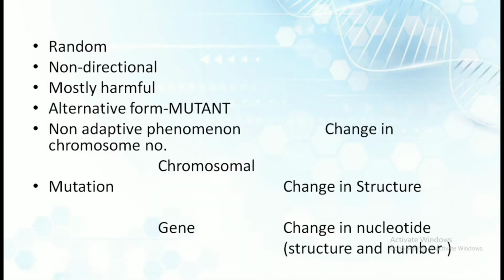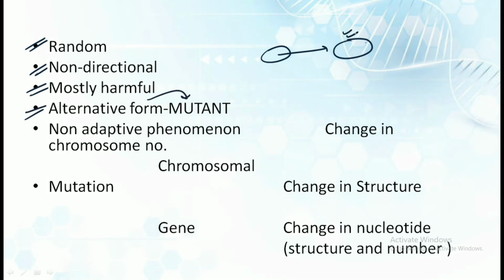So we can say that mutations are random changes. They are non-directional in nature. We cannot predict what a mutation could actually lead to. They are mostly harmful in nature. They lead to the formation of an alternative form, and that changed form is given the name of the mutant.